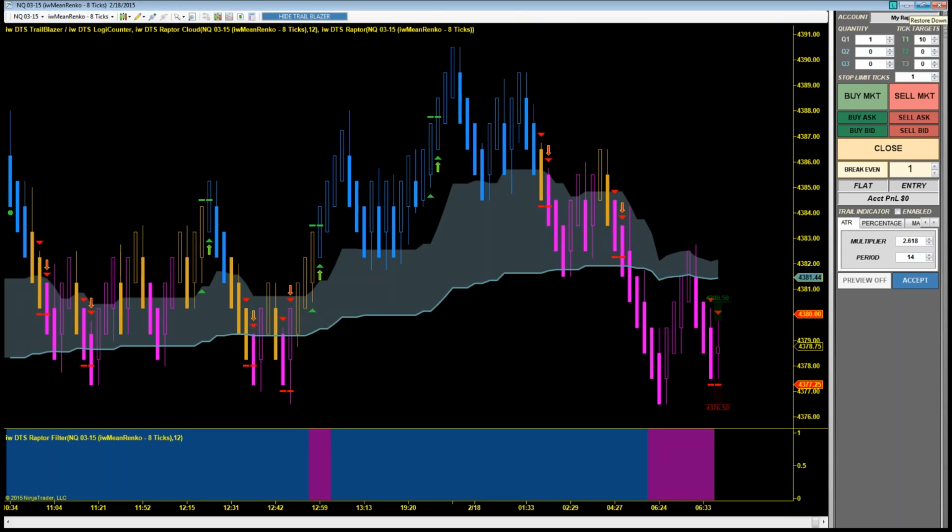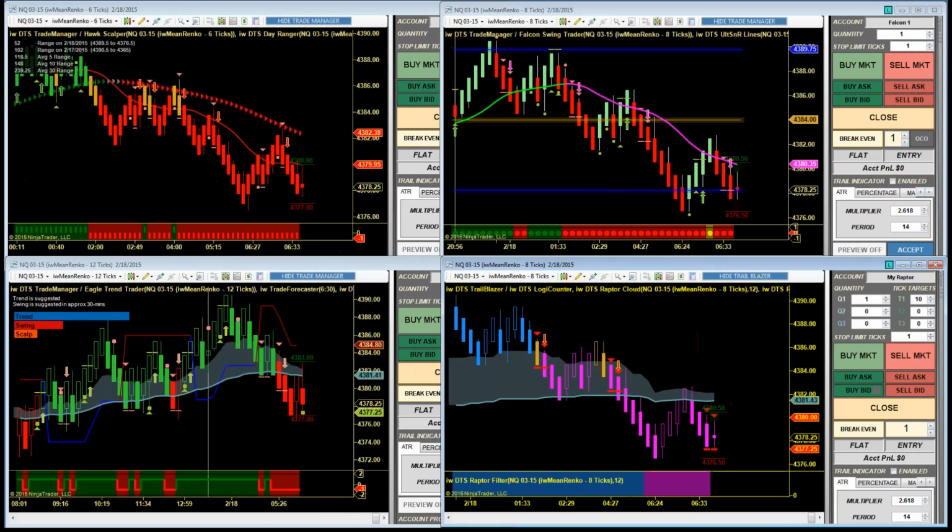So you're going to notice we have this same band back here that we saw on the Eagle. We get the tricolor bars, which is characteristic of the Hawk, and we also are using a lot of the signal generation out of the Falcon Swing Trader, so it incorporates all three into one.